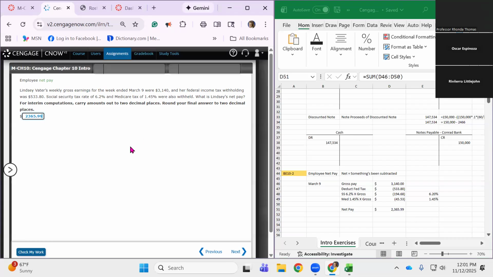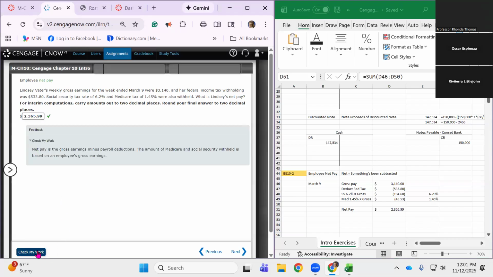Let's see if I'm right. Make sure I'm following things the way I should. You could make yourself a little template to put in the gross, to deduct the federal. Make sure your Social Security tax and your Medicare tax is being taken times the gross, and then it gets subtracted.